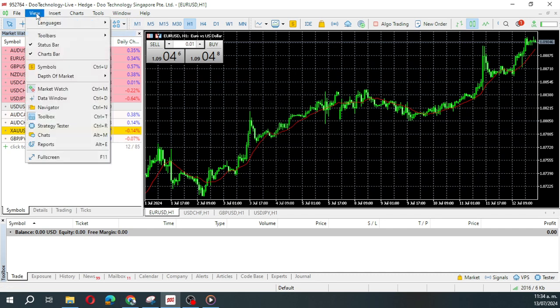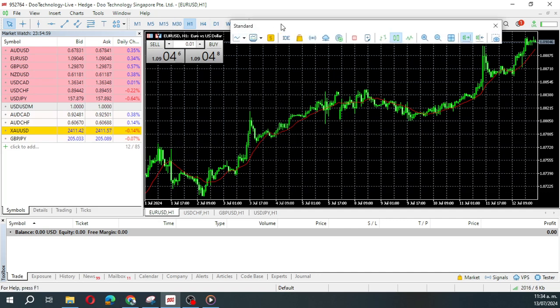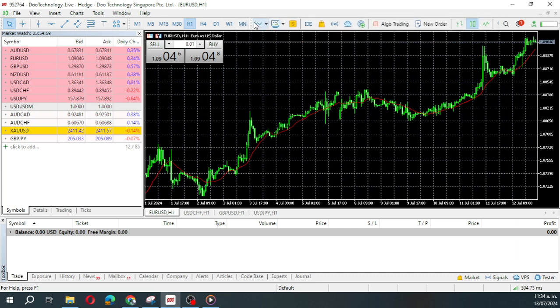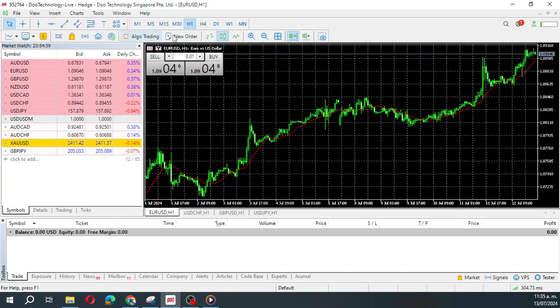Let's see how I put this. View, toolbars, standard, line, and time frame. I think this should be line studies. So I want to put this into different lines, right?